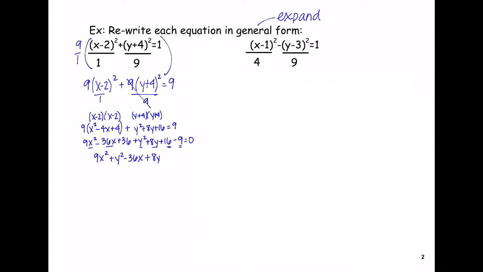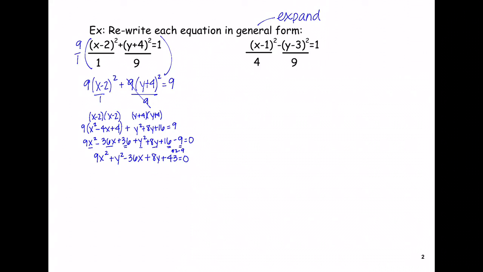The last things we have left are our constants, so 16 plus 36 is 52, minus 9 gives us a positive 43.